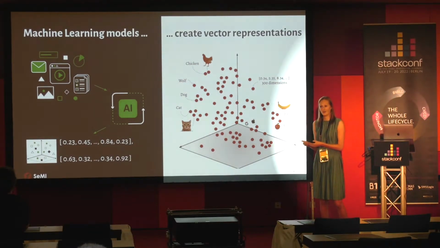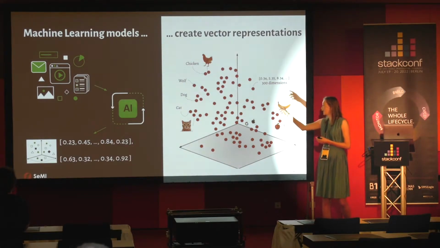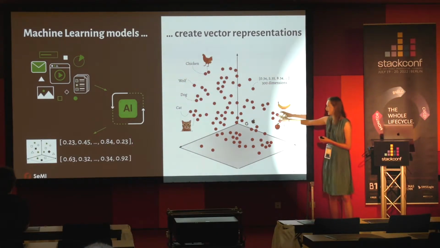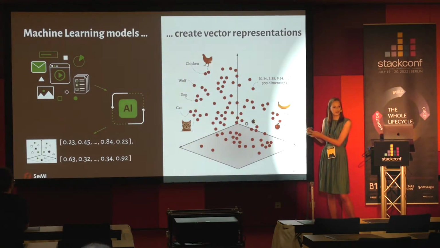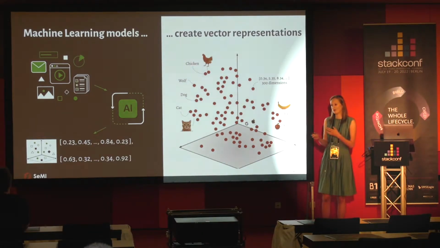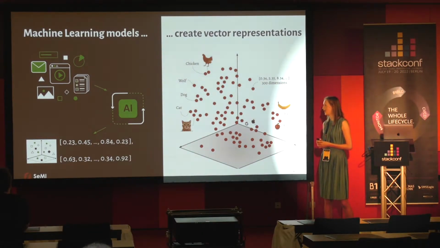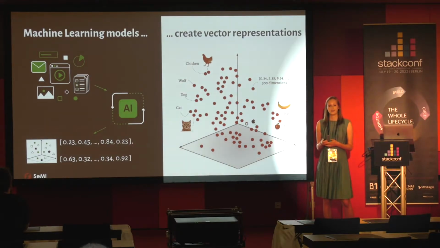That's how a machine learning model also sees this type of data. And all these animals are far away from, for example, some piece of fruit, because they're not similar in meaning. So this is how most machine learning models process text or images and so on.